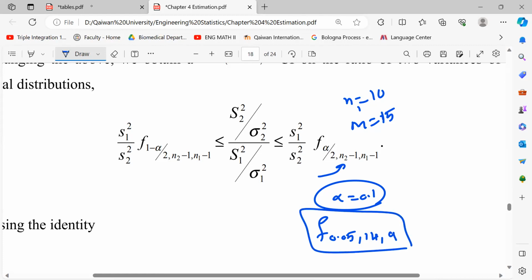We could find this one from the F table, but for f of 1 minus alpha over 2, which is 0.95, it is f of 0.95, and n1 minus 1, n2 minus 1. It's n1, and the second is n2.